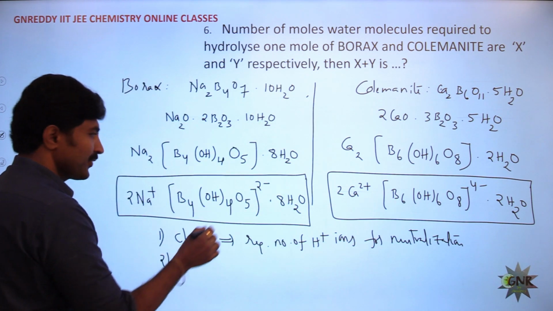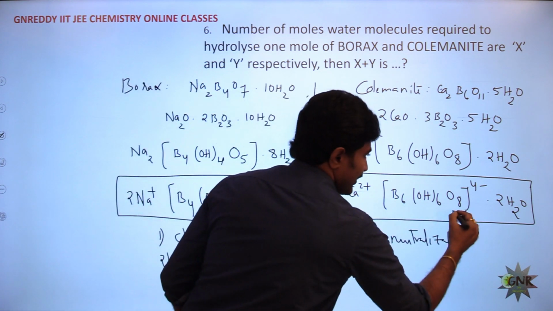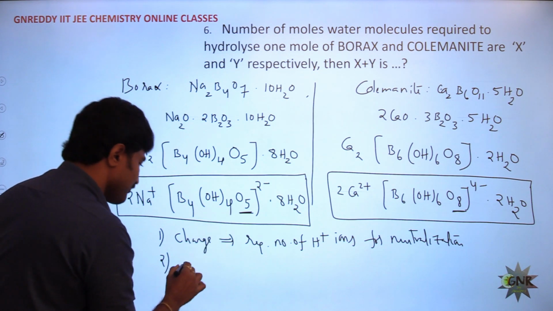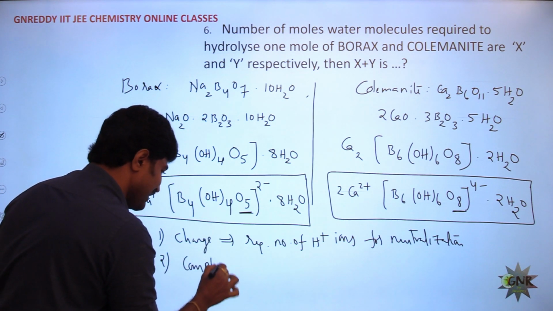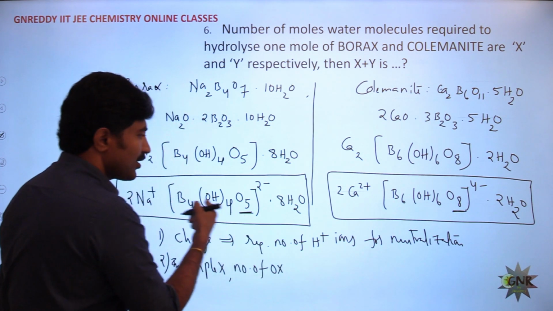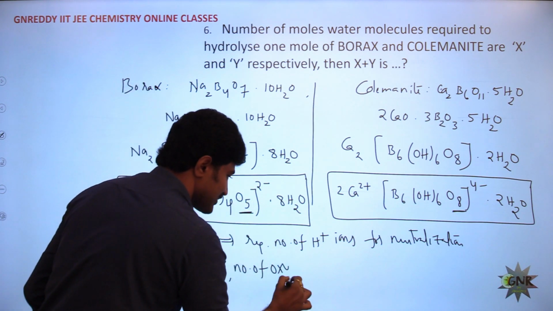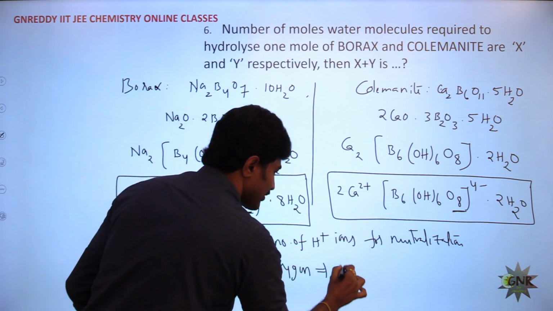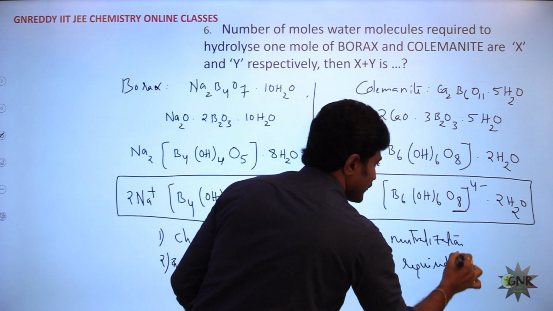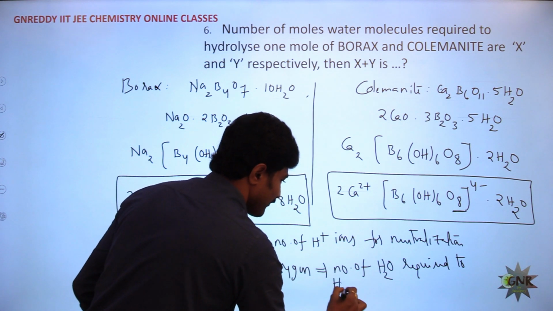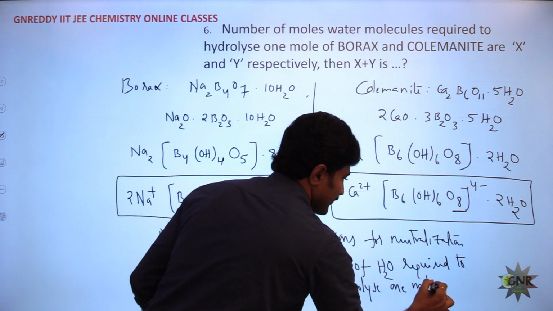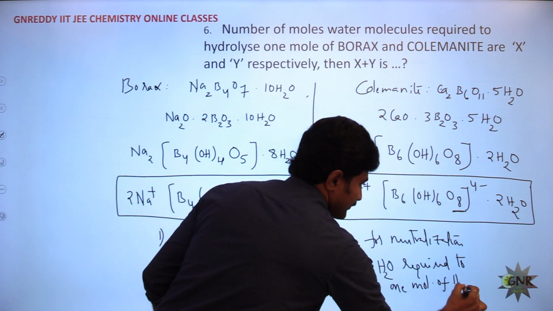And then second one, the free oxygens, so individual oxygens in the complex form. In the complex, whatever the number of oxygens present, not OH oxygens, only individual oxygens, those number of water molecules are required, number of H2O required to hydrolyze 1 mole of that compound.